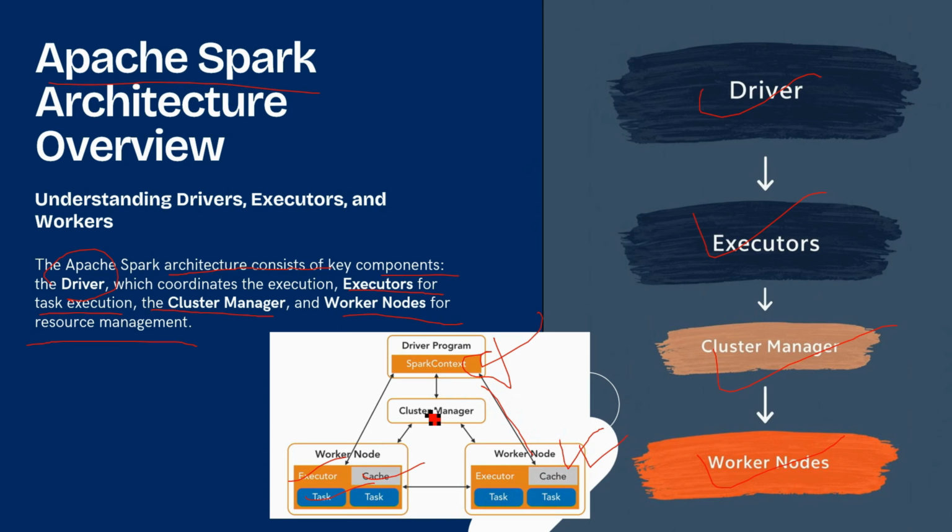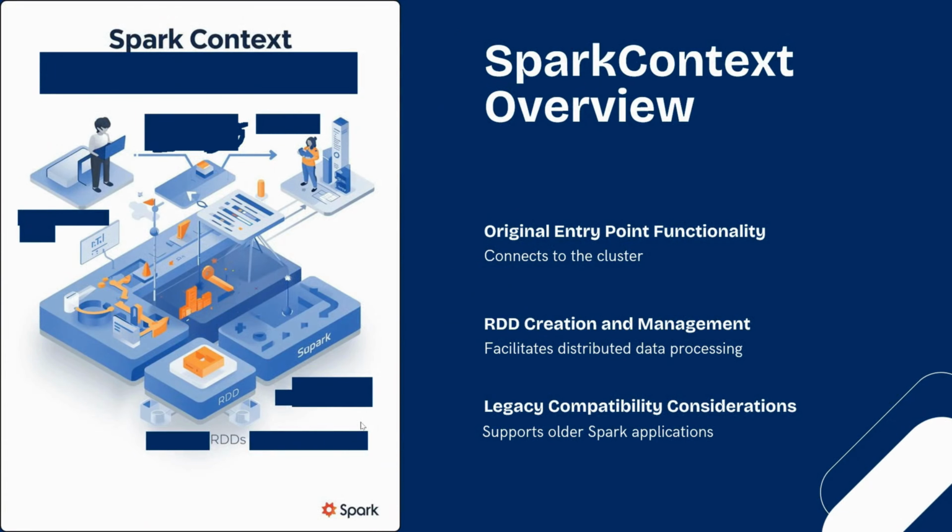In a layman example, in any IT industry project there is one manager, and then multiple team members who report to that manager. So this manager is nothing but the driver program, and the employees working under that manager are nothing but the worker nodes. Just remember that.